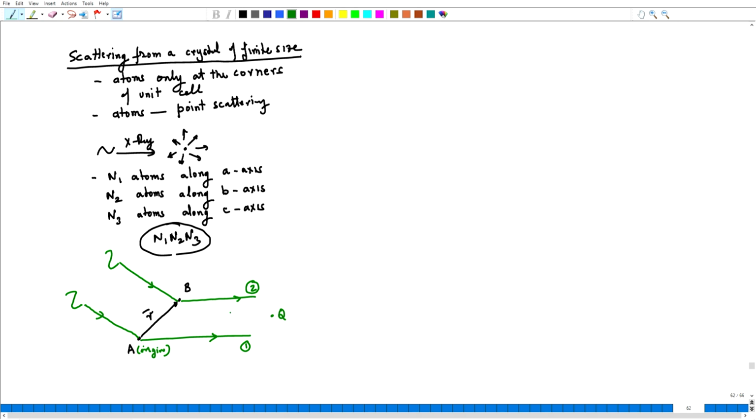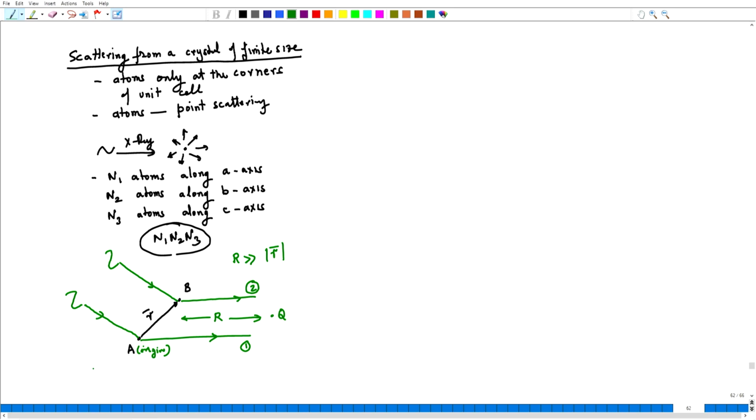The distance of the point Q from the crystal is, let us say, capital R, and this R is much greater than the magnitude of the small r vector, which essentially means that we can assume that more or less the point Q is equidistant from all the point scatterers, because this R is much larger than the size of the crystal. And we can also assume that ray 1 and ray 2 are parallel when they meet at point Q.